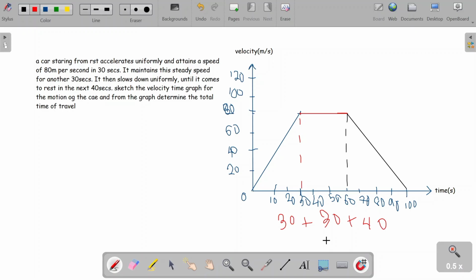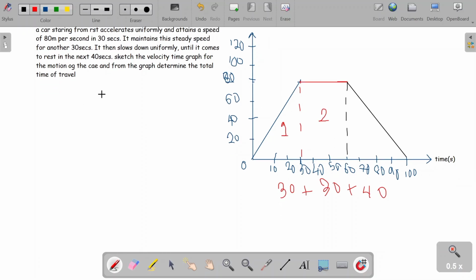Now, let's say we're asked to solve the acceleration in both parts of his journey. So that is in this part, this is part 1, and in the second part, part 2. So what would be the solution? That's actually pretty simple.